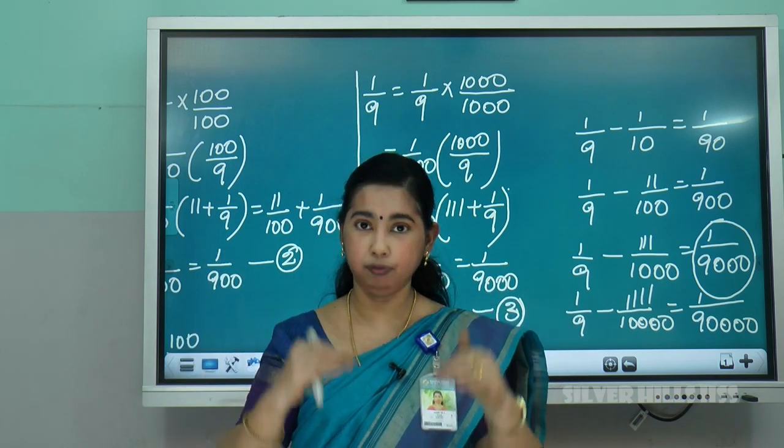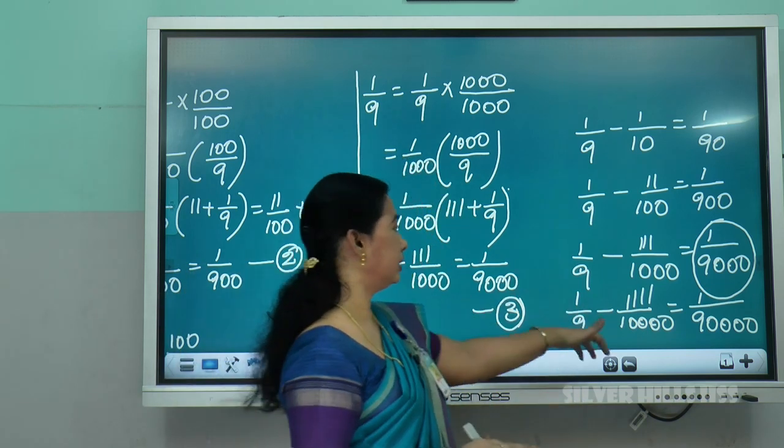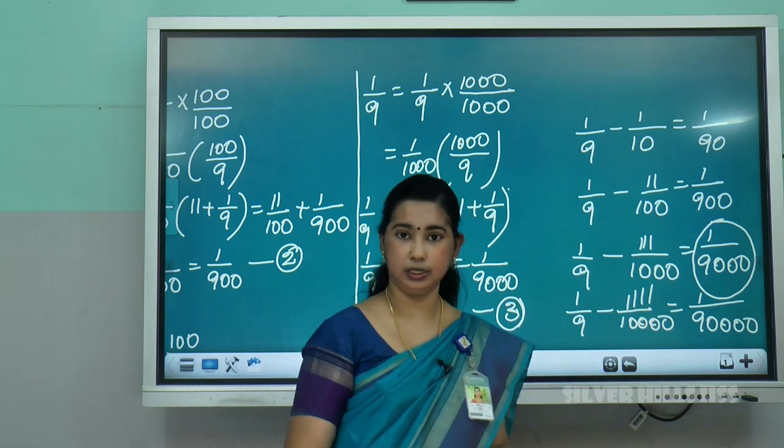The fraction 1 by 9 is approximately equal to 1111 by 10,000.